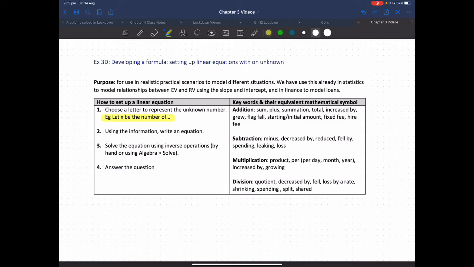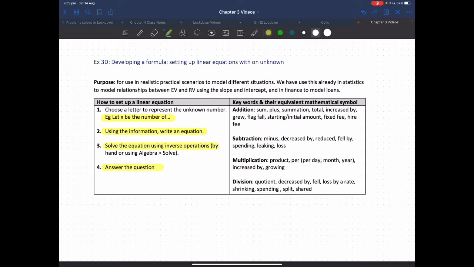Based on the information that you're given, you then have to write an equation. Then once you have the equation, you have to solve the equation. Now that might be by hand or by using your calculator, for instance, using the solve function. And then write down your finished answer.